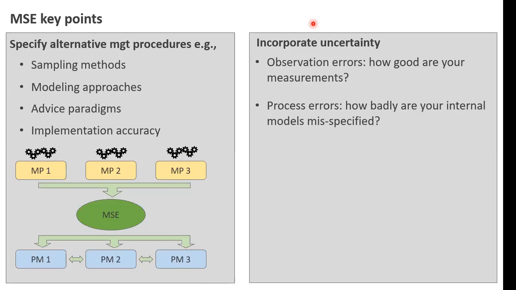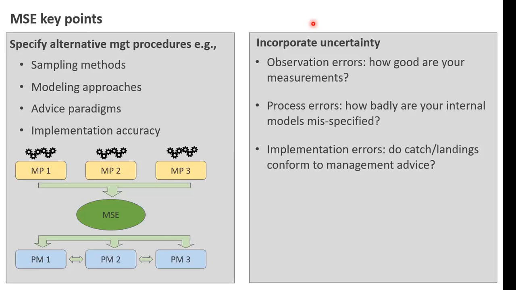One useful thing that we can do in management strategy evaluation is include different versions of some of these models, because we don't actually know what the truth is. So there could be different versions of the MSE that have a different assumption about a stock recruitment relationship or a growth model, etc.